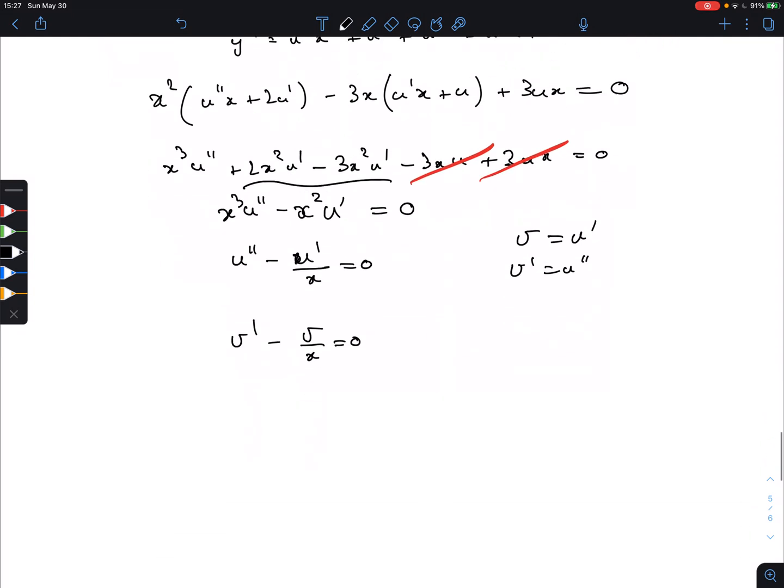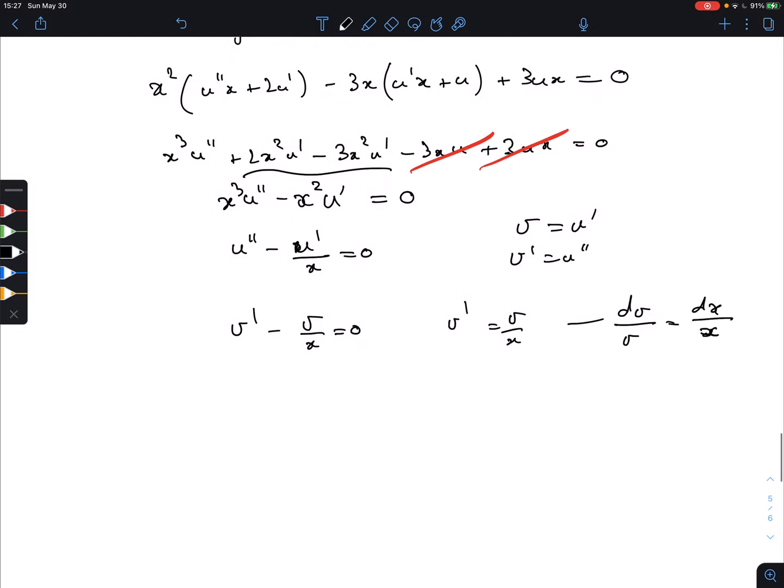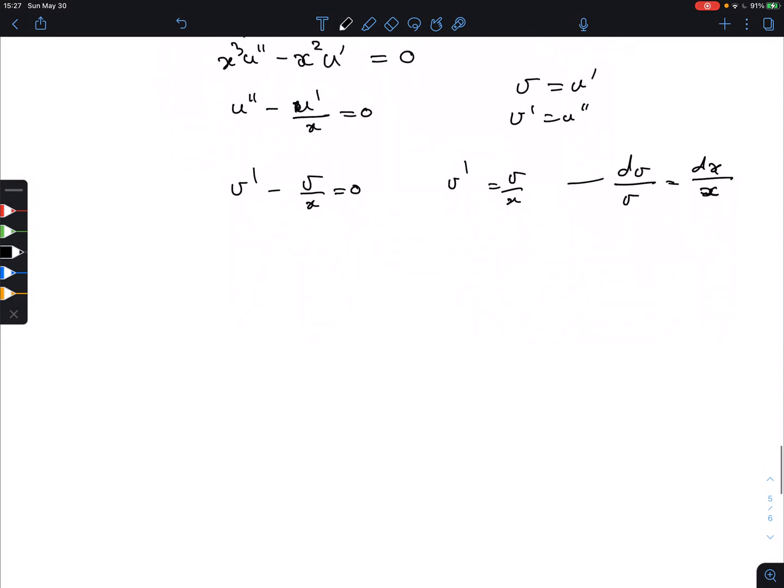Oh, that's separation of variables, so v prime is v over x, and if you separate this, then dv over v is dx over x. So if I integrate this, I see that ln v is ln x plus a constant, let's call it k.